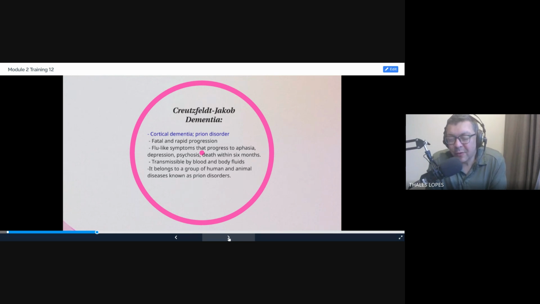In this one, it's rapid, right? All dementias are slow, but this one really is rapid. So you get the flu-like symptoms that progress to aphasia. Remember, language and memory, aphasia, depression, psychosis, death within 6 months, right?